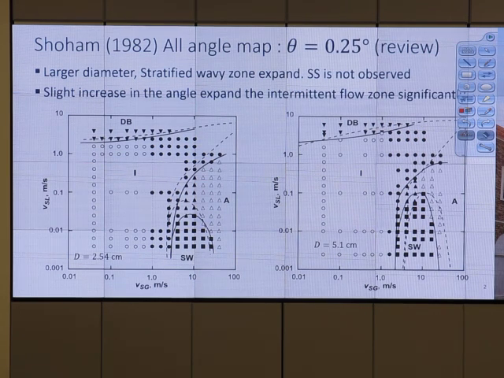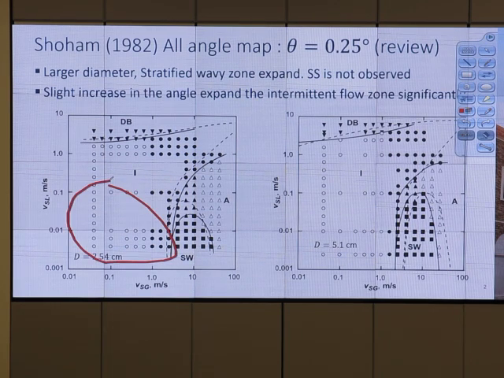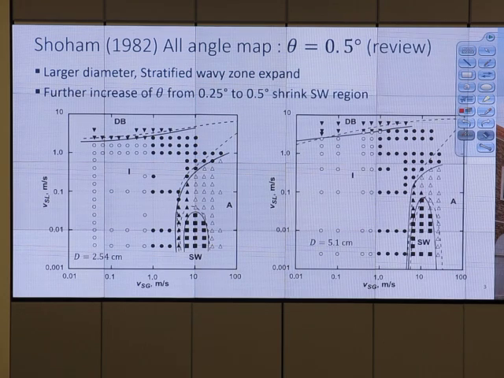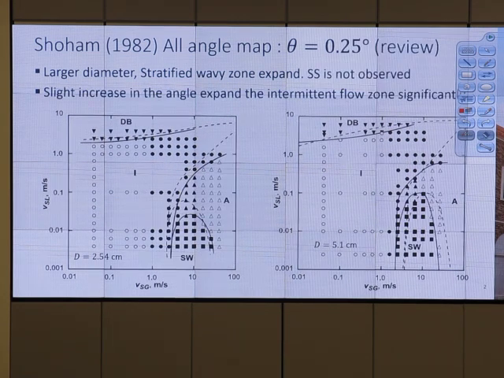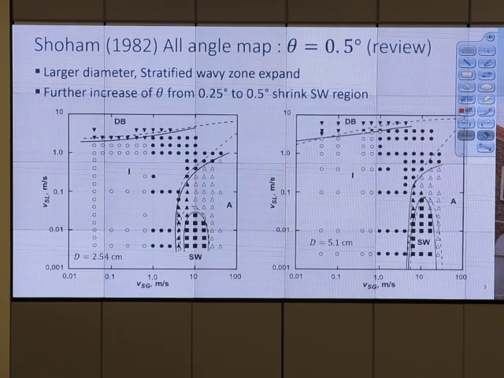Does this suggest that the stratified smooth flow pattern is the most unstable? It's unstable when we have a little bit of angle. It's like all the way gone. So flow pattern is strongly dependent upon angle. At 0.5, look at the difference between 0.25 and 0.5.